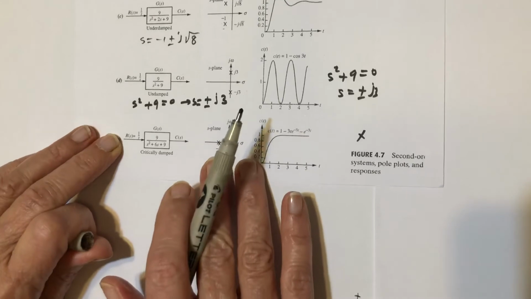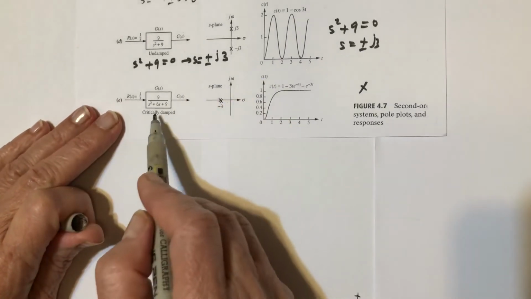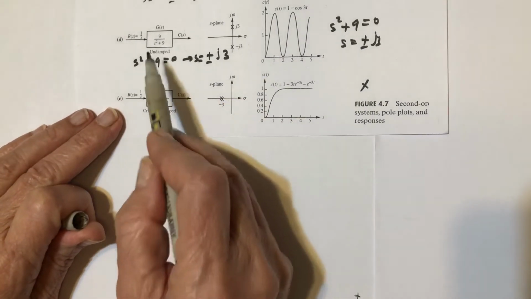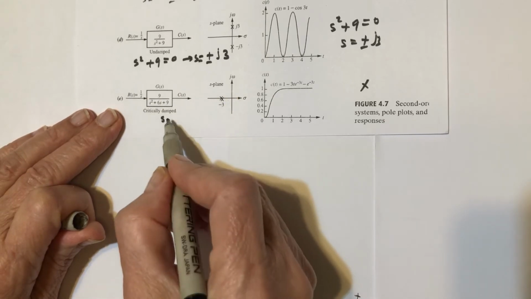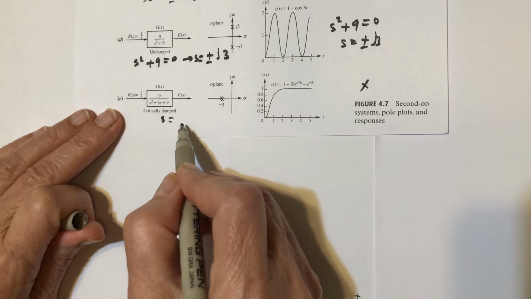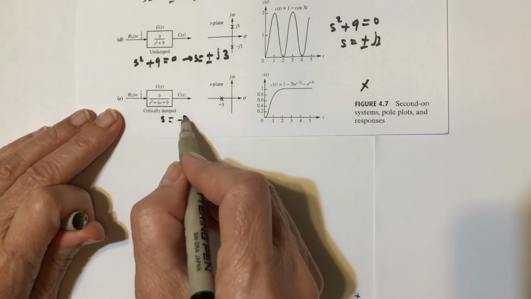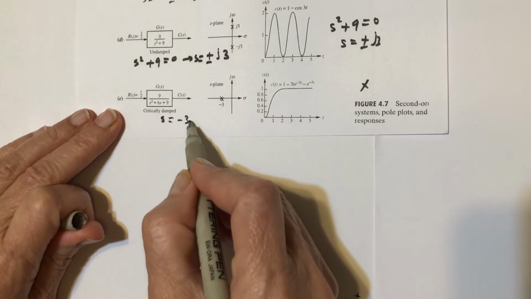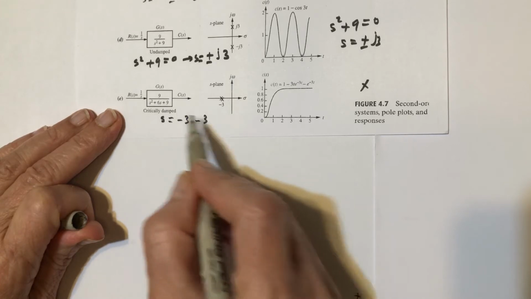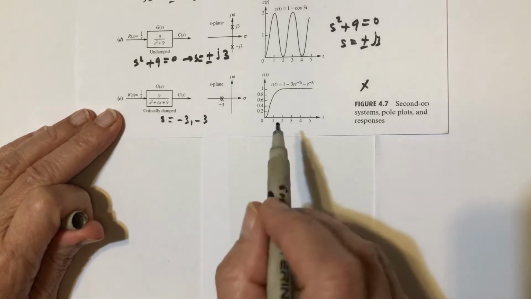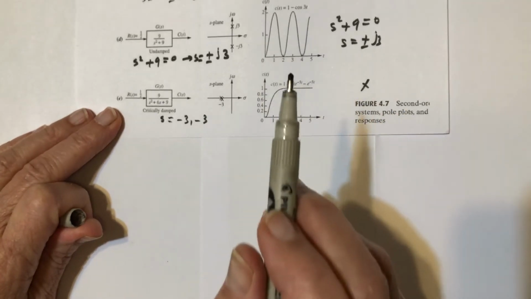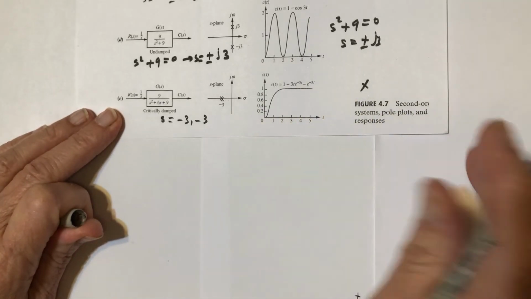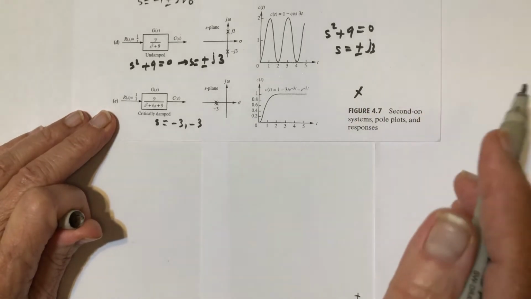Okay, now what do we have? Here, instead of the 2, we change to 6. Now here, s equals minus 3, both minus 3. So when you have a system with two real and equal roots, they call it a critical system.